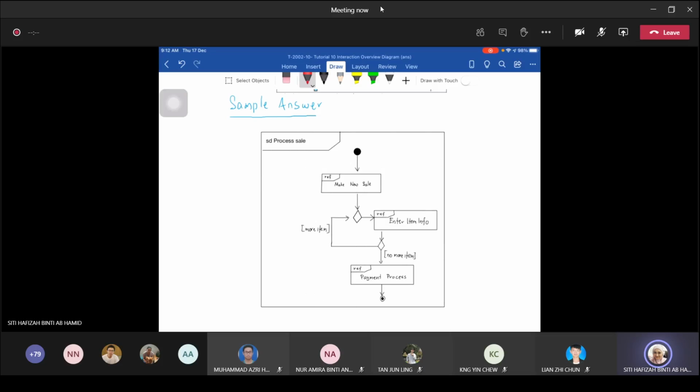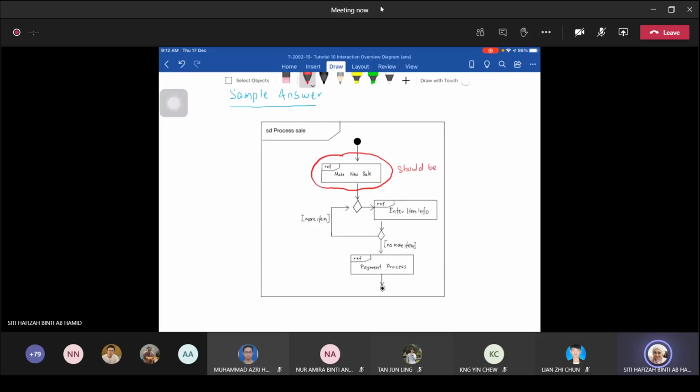By right, this one actually cannot be like this. Reference make new sale, this cannot be a reference. This should be in an SD fragment.